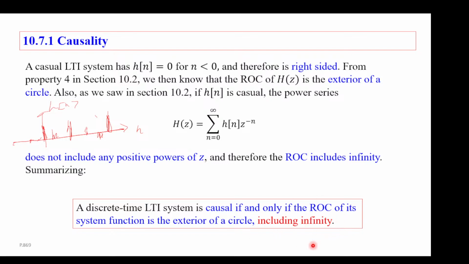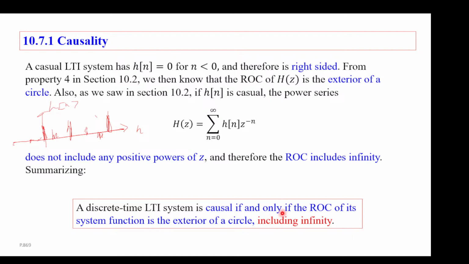This is a little different from the Laplace transform. For the Laplace transform, we were saying that if it's causal, then it's right-sided, but we could not really check the reverse; we said the reverse is not necessarily true. But here we can check that the reverse is true by checking whether or not the ROC includes infinity.